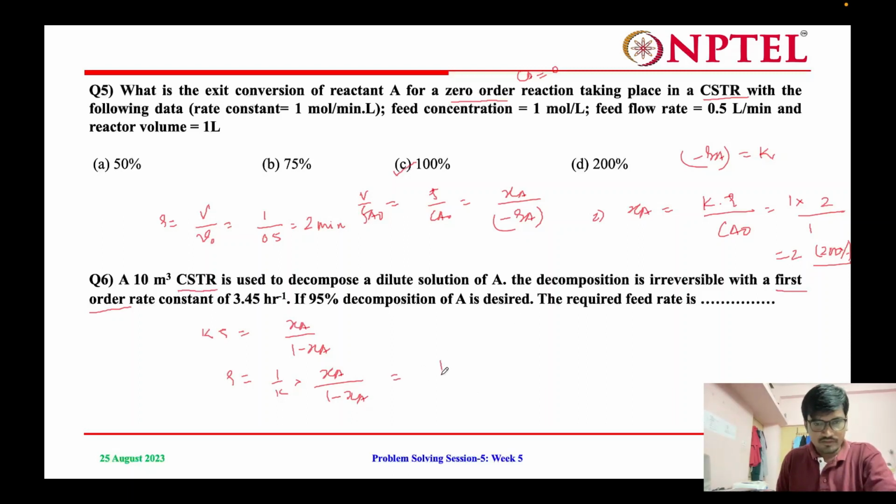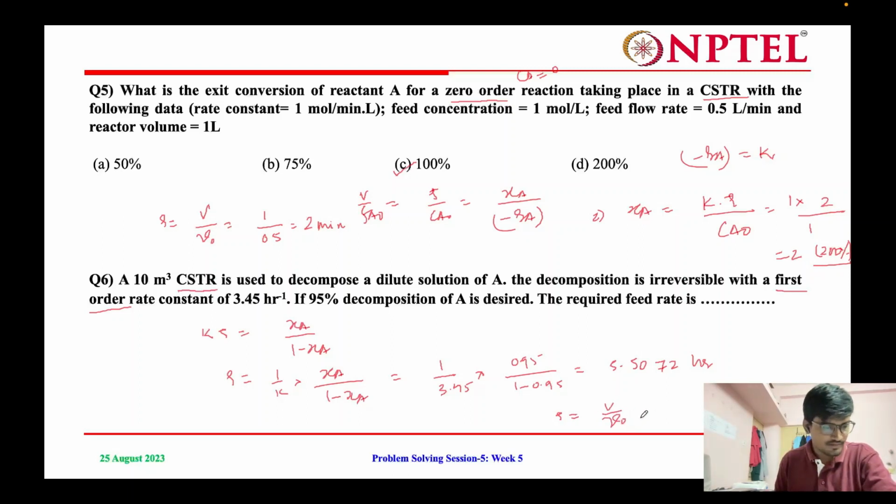So 1 by 3.45 into 0.95 by 0.05, equal to 5.5072 hour. Right.